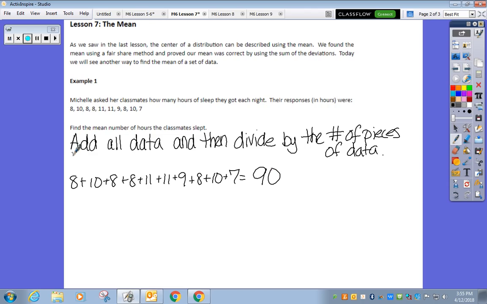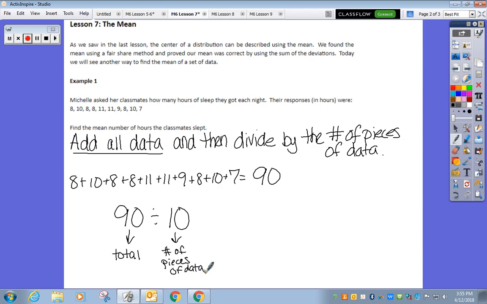So I've added all the data, and now I'm going to take that total and divide it by 10. I'm dividing by 10 because that's the number of pieces of data. If you count, there are 10 numbers you added together. 1, 2, 3, 4, 5, 6, 7, 8, 9, 10.